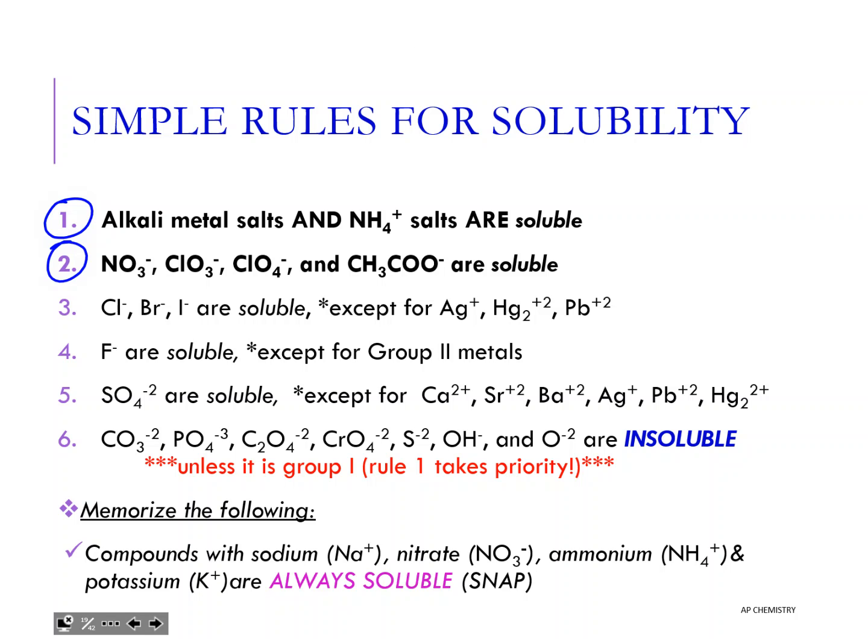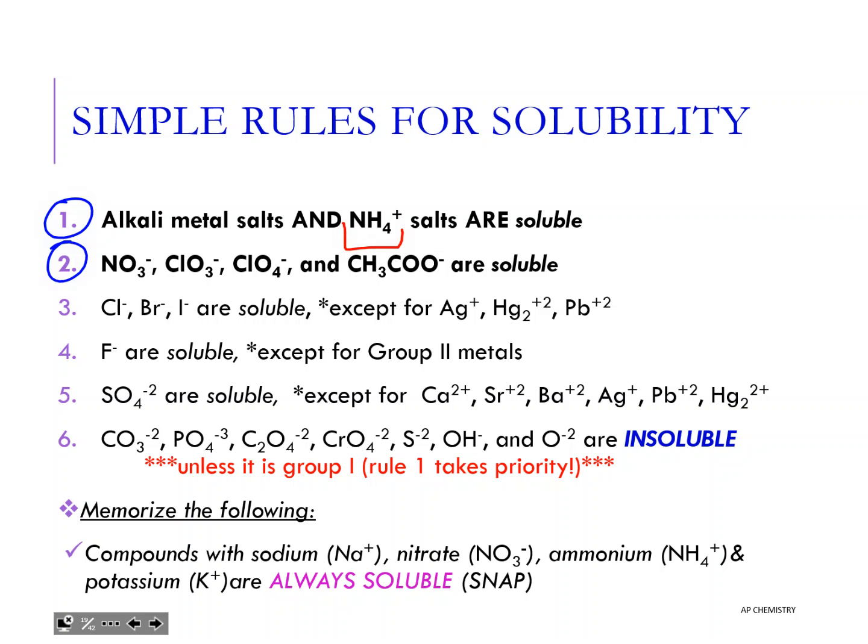Alkali metal salts are always soluble, so group 1: lithium, sodium, potassium, rubidium, cesium, those ones, always soluble. So if you ever see that in a compound, automatically, it's going to dissolve. Ammonium, one of the polyatomic ions. This is ammonium.